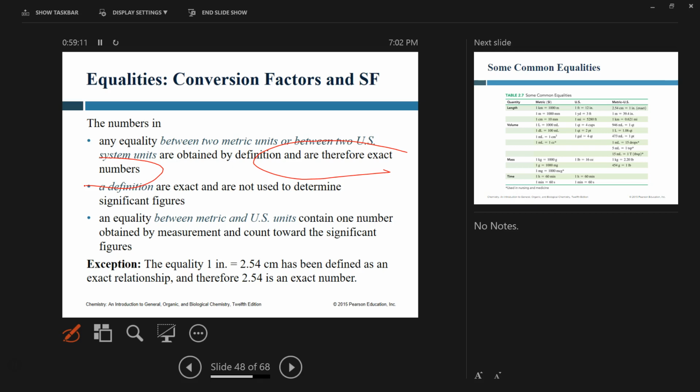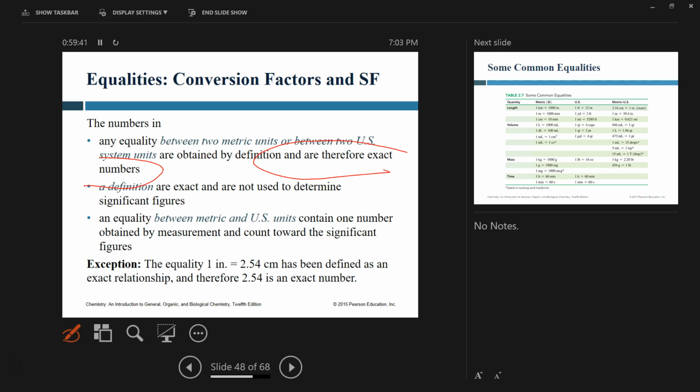That makes sense? How many meters in a kilometer? 1,000. Perfect. Can it be 999.9? No, it's a definition. Inside of the systems, the conversion is an exact number. Does that make sense?